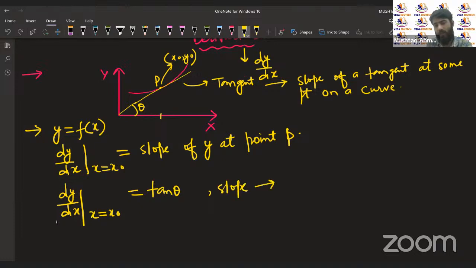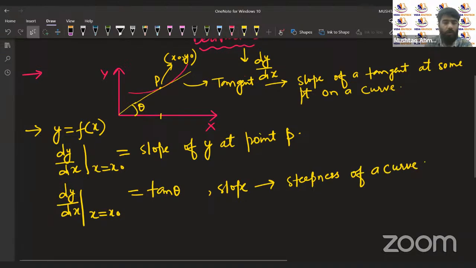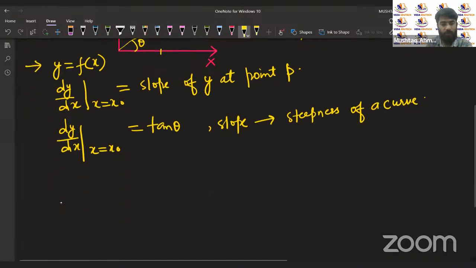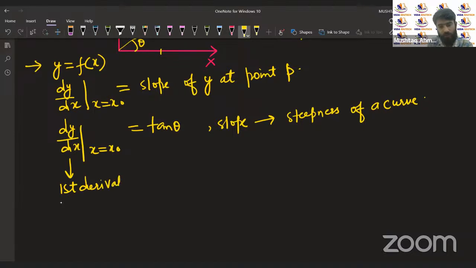Slope tells us about the steepness of a curve. And dy by dx is what we call the derivative, and in particular we call it the first derivative.